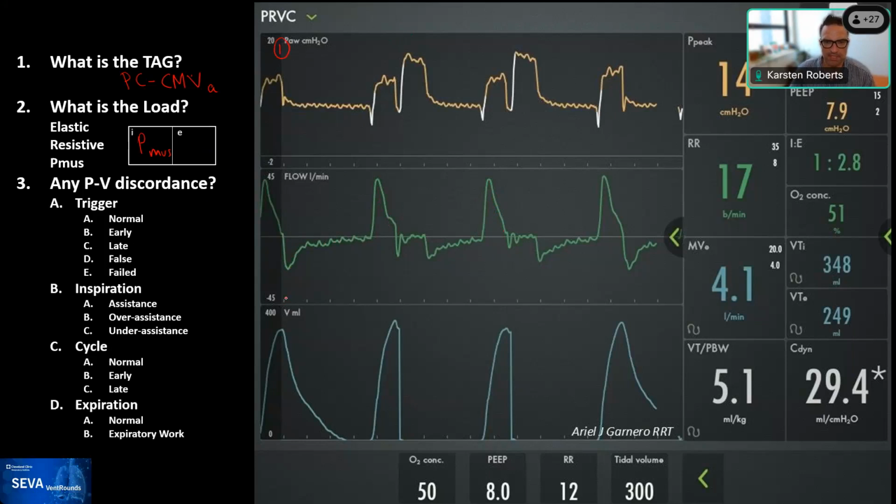Does anybody see anything differently with the expiratory flow? So right now it looks like we're kind of between resistive and PMUS. And now elastic load joins the discussion.